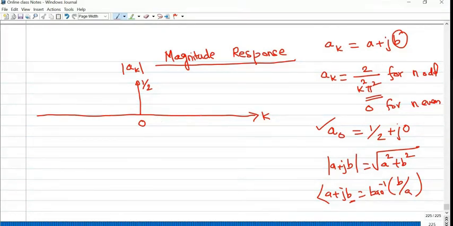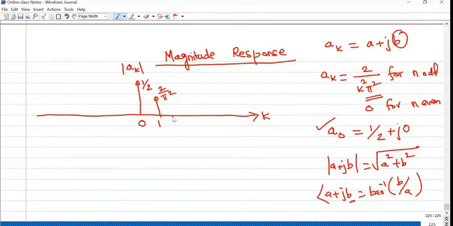We have to substitute k as 0, 1, 2, 3, and so on. For k equal to 1, the magnitude is 2 divided by pi square, which is less than 1 by 2.